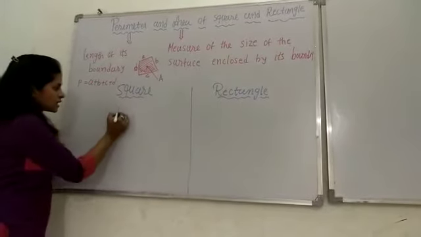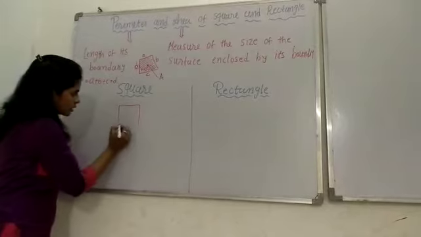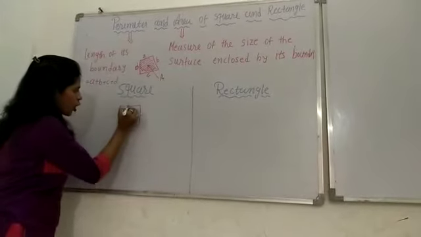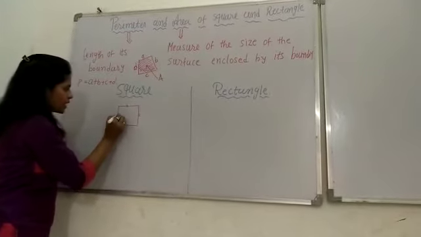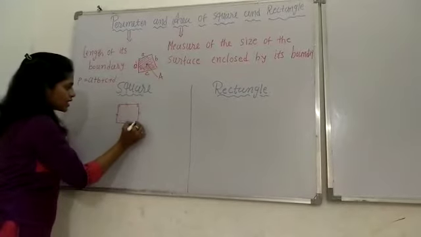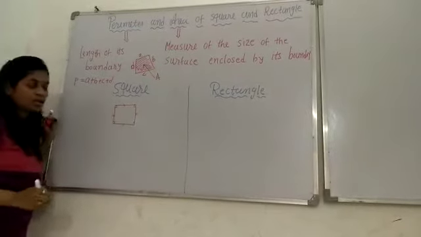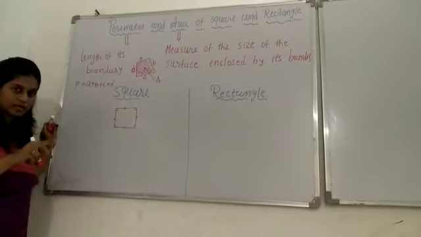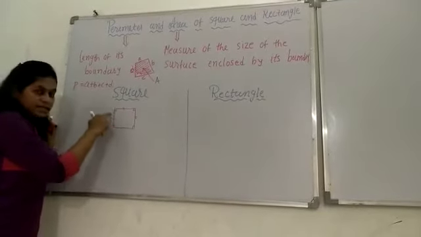Square means that all sides of the given figure are equal and all angles are 90 degrees. So a square is a quadrilateral whose all sides are equal.